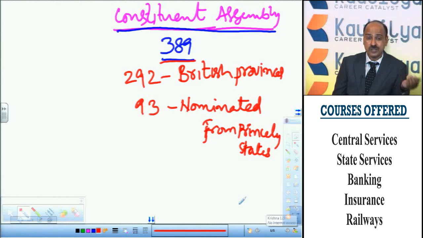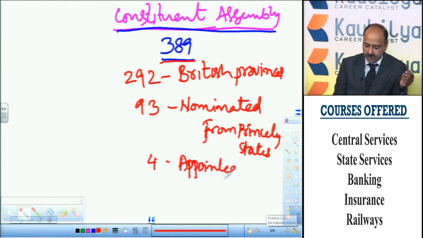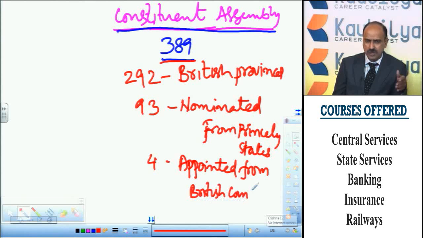Like Hyderabad was the Nizam's princely state, Gwalior, Mysore; different princely states were there in India. From these princely representations, 93 members. Next, 4 members are appointed from British commissioner areas, like Baluchistan and Andaman and Nicobar. These areas were ruled by British commissioners at the time.